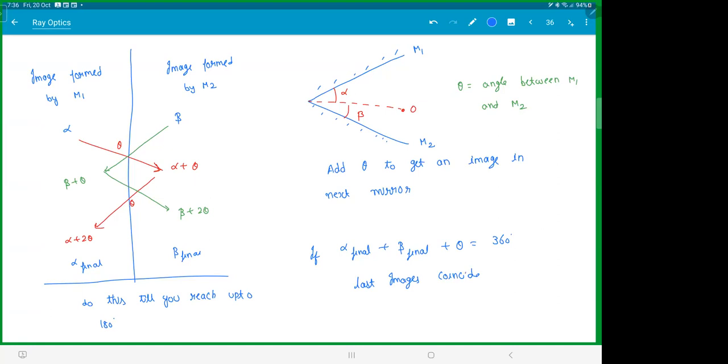Just have a look at this. Let me take some numbers and explain you, that I think you'll understand better. Let me show an example. We'll get back again here.